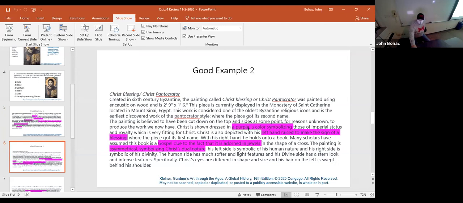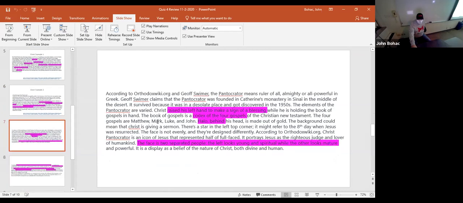But a purple color in the robe, the left hand making a sign of a blessing, a gospel, asymmetrical, Christ's dual nature. Good. And so his left hand is raised, making a sign of a blessing, a codex of the 4 gospels.